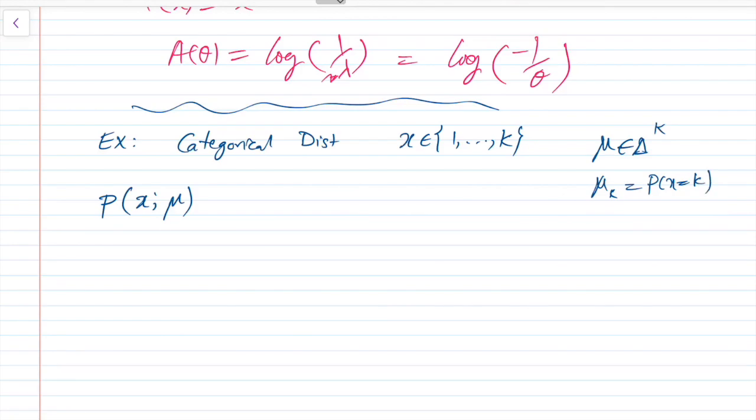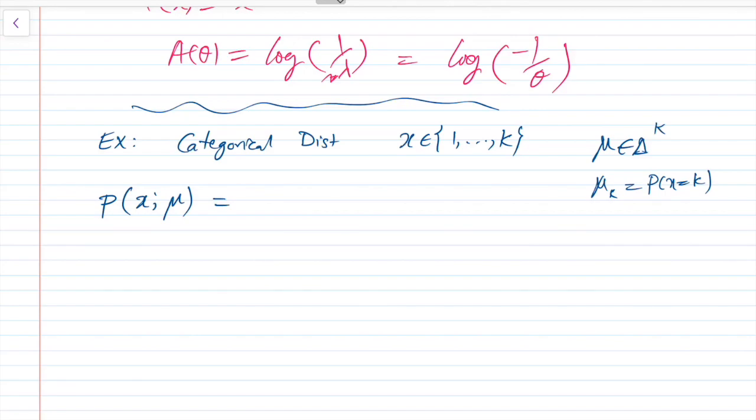Now, how can I write it as a probability distribution, and then we'll work it out to make it like an exponential family? How can I write it? It's basically like an indicator. If I'm k, give me that number. If I'm not equal to that number, just kill the rest of it.